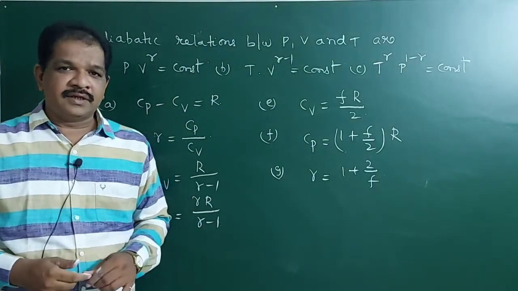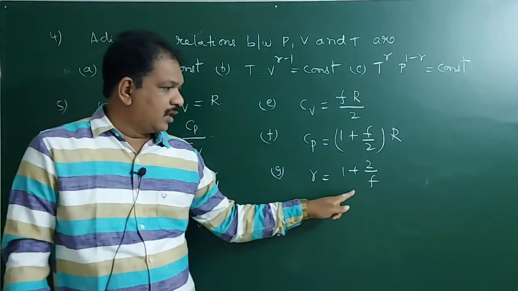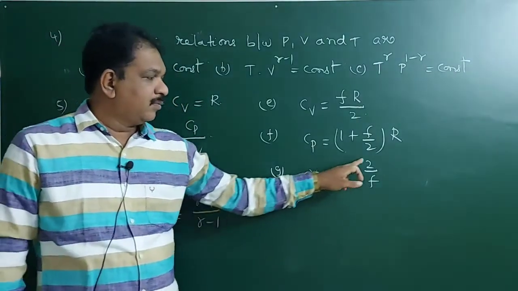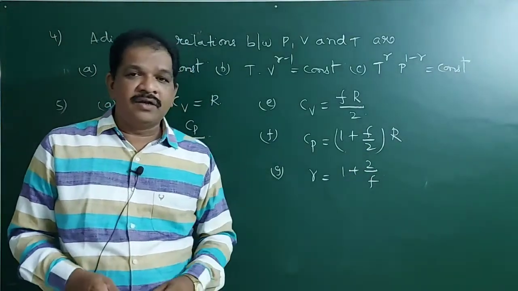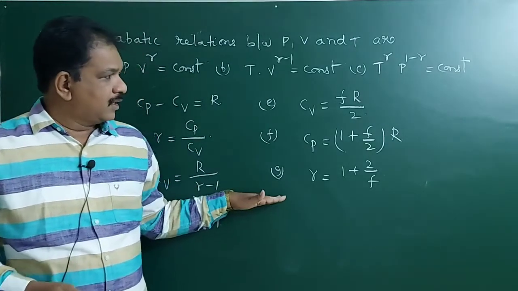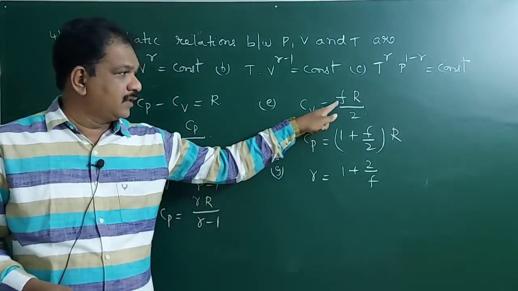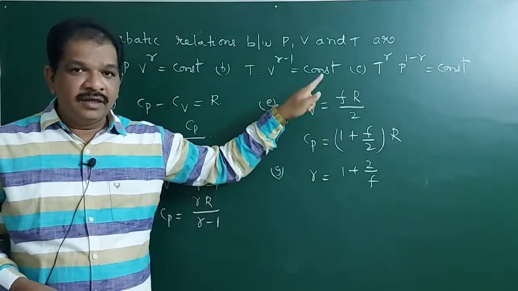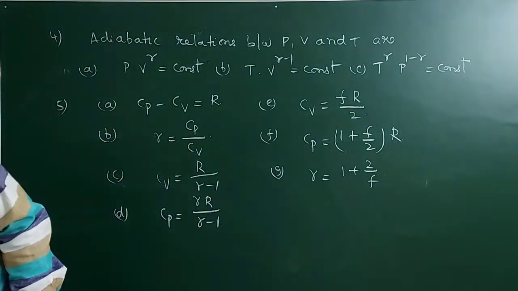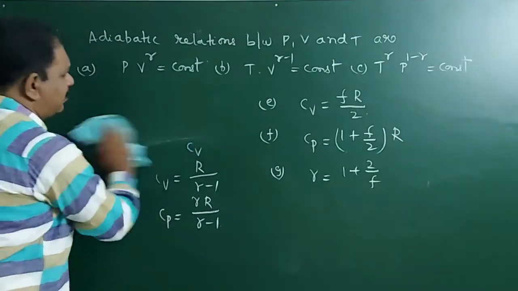Monoatomic gas, what is its gamma value? For monoatomic gas, degree of freedom will be 3. 1 plus 2 by 3, that value is equal to 5 by 3. So these are the formulas between Cp and Cv. What is f here? Degree of freedom.